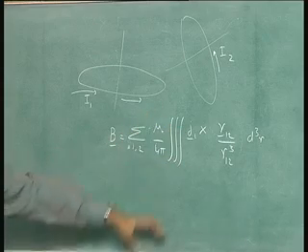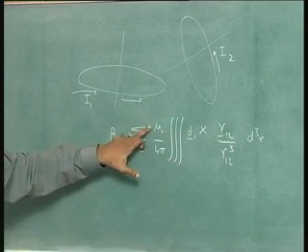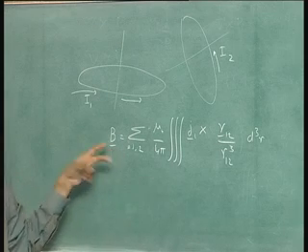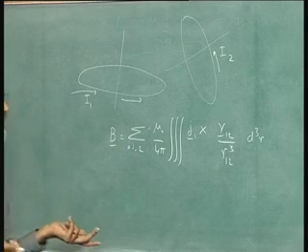So, this is the Biot-Savart law, and from the Biot-Savart law you can see that if I have two different currents, the magnetic field is just the sum of those two currents.